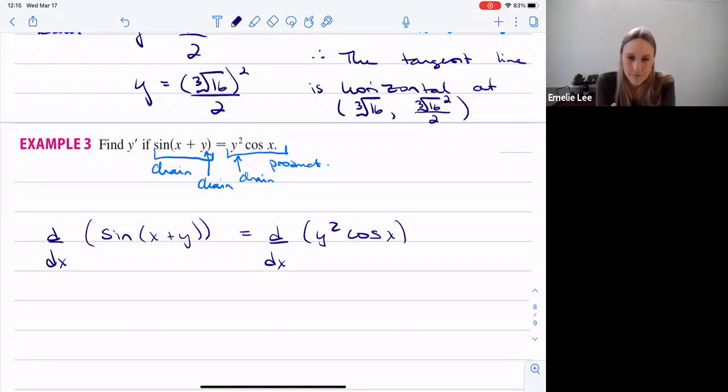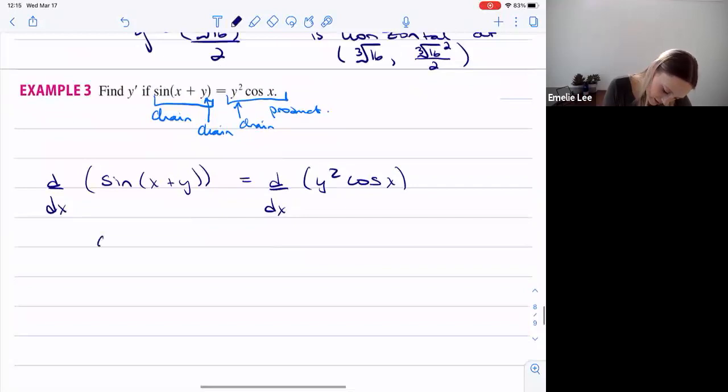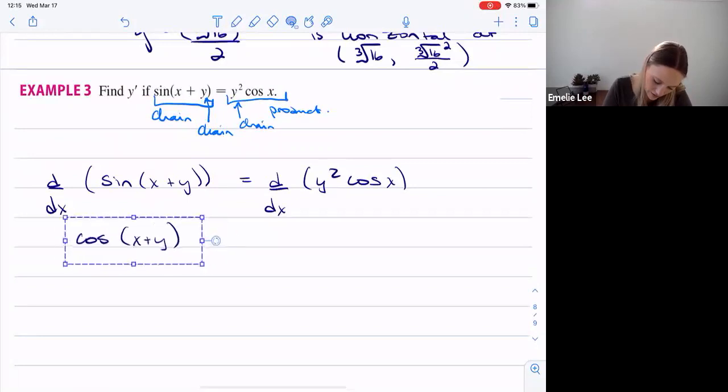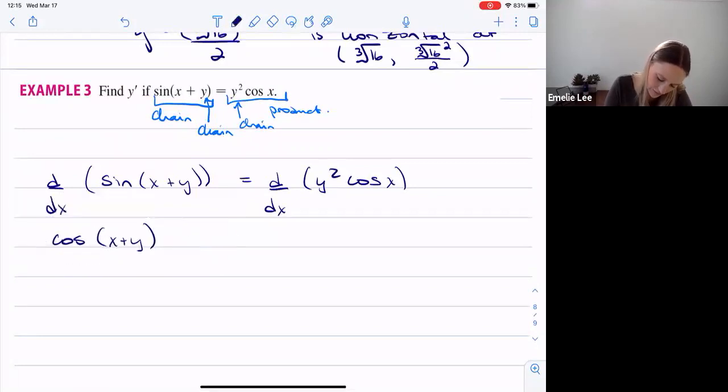Okie dokie. Remember the co-functions make negative. So the derivative of sine is just cosine, because they're opposites. So I get the derivative of the outside is the cos of x plus y. But then I have to take the derivative of the inside. I'm going to bump that over a bit.